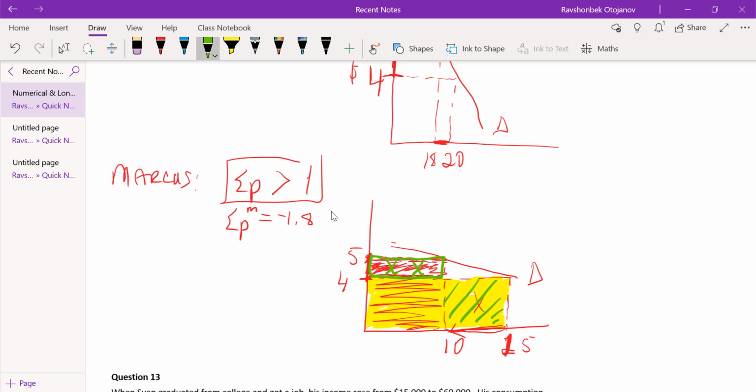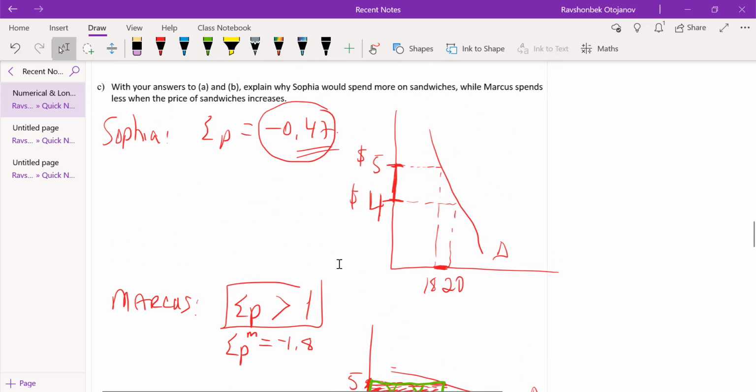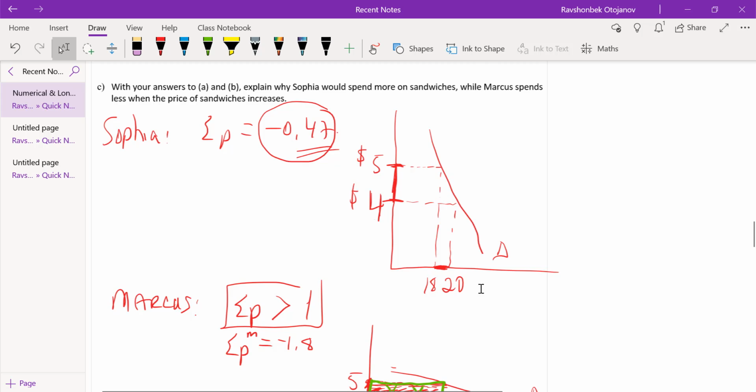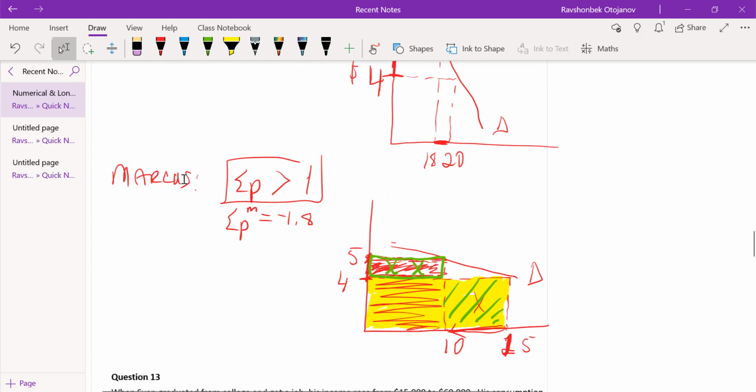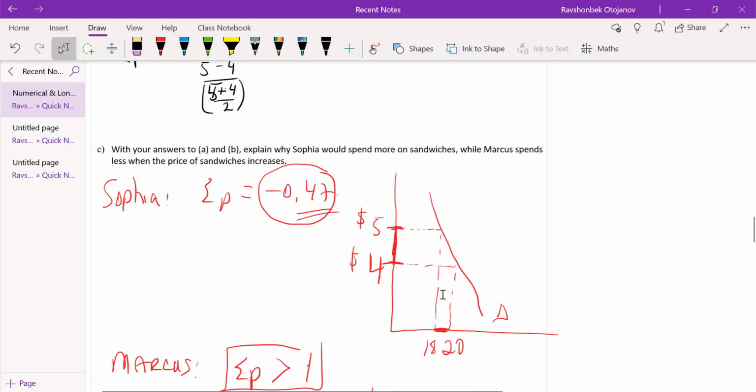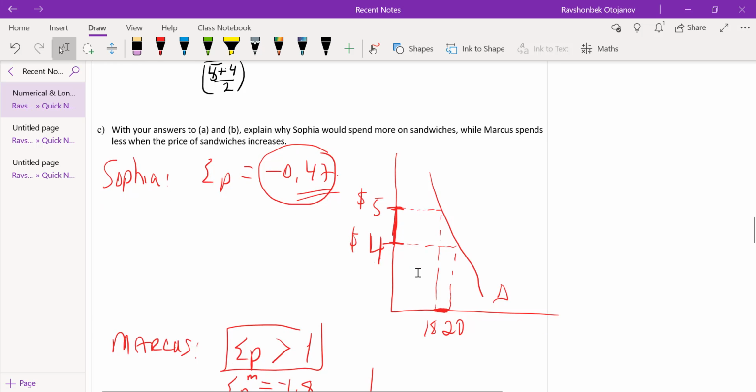So with an elastic demand, we will have lower total expenditure when the prices increase. But with inelastic demand, we will have higher expenditure when the prices increase. Now, you can assume that Marcus quickly switched to a substitute product when the price increased, while Sophia didn't. She reduced her consumption, but she didn't substitute the product with another one.